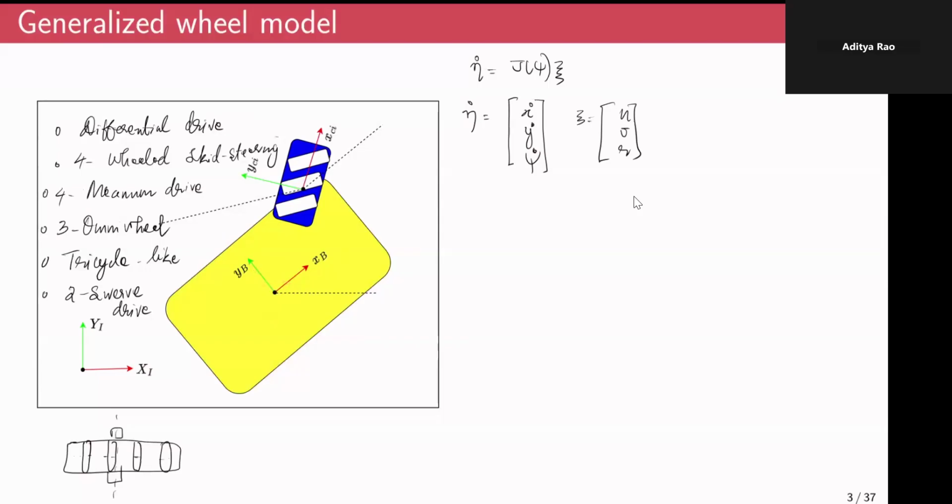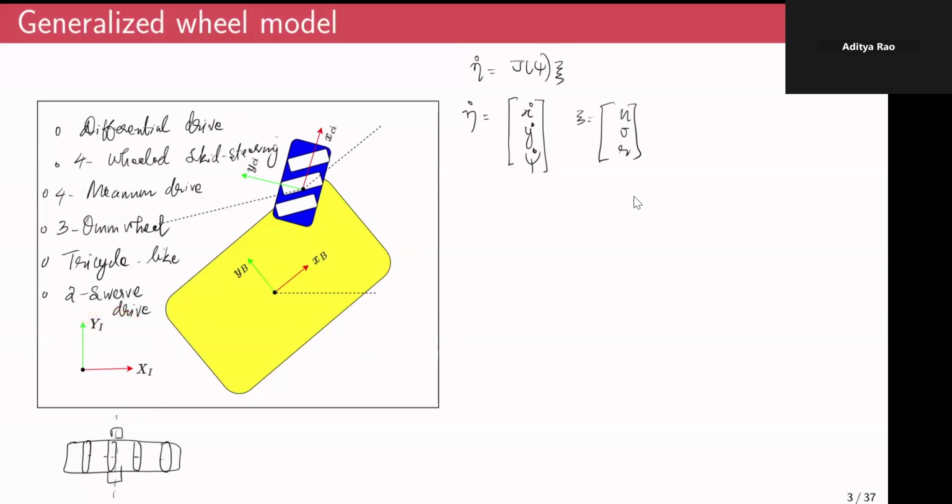And the reason for this mapping is that we give the control with respect to the zeta frame, right? Because the motors, all the actuators are located on the mobile robot, and we give the commands with respect to this zeta axis. But the reason why we are using this mapping, from zeta to eta, is because we can only observe the robot with respect to this inertial frame of reference, right?